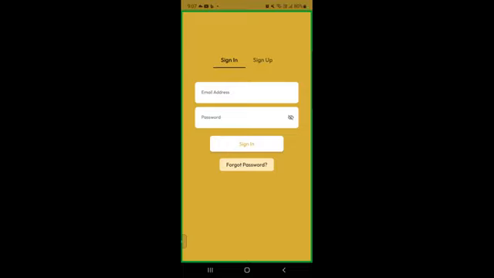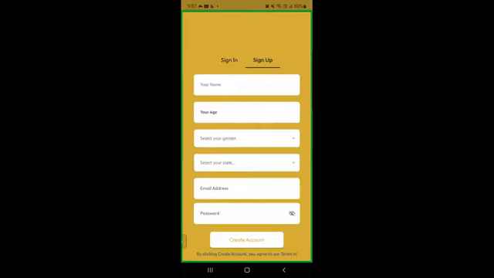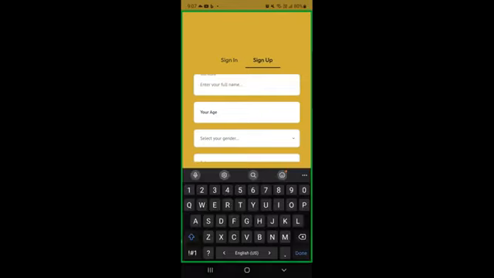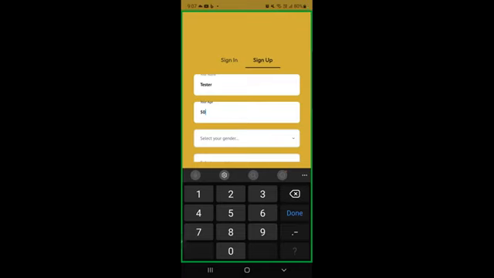If you are opening the app for the first time, click sign up. It will bring you here where you write your name and everything. Let's say my name is Tester. I am 50 years old. I'm male. I'm from Abia.